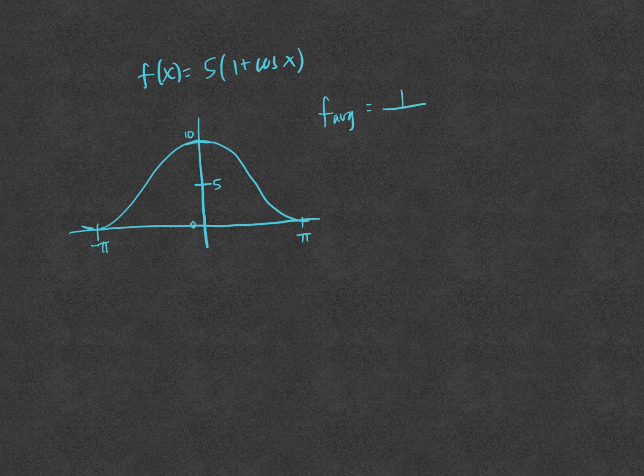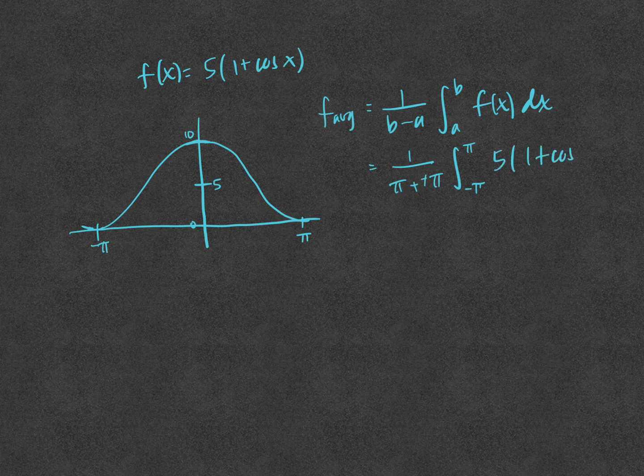So we have the formula 1 over b minus a, the integral from a to b, f of x dx. So 1 over, the b value here is pi minus negative pi, the integral from negative pi to pi, and our formula is 5 times 1 plus cosine x dx.